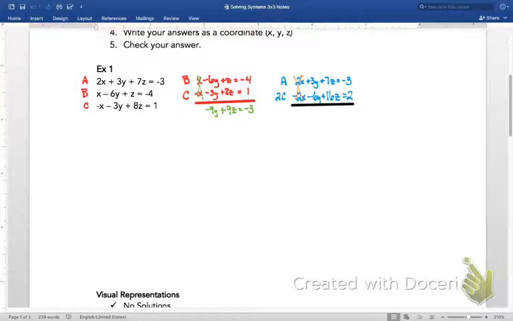So then I'm looking at negative 3y plus 23z equal to negative 1. Well, negative 3 plus 2 is negative 1.